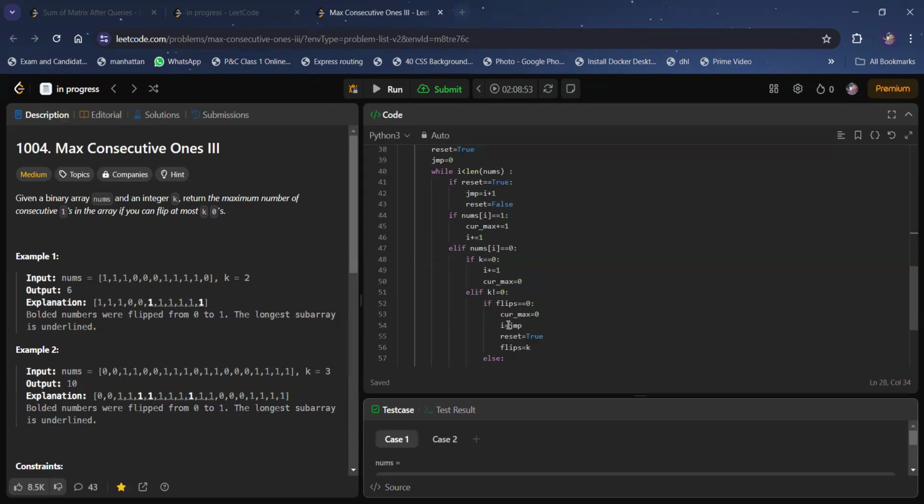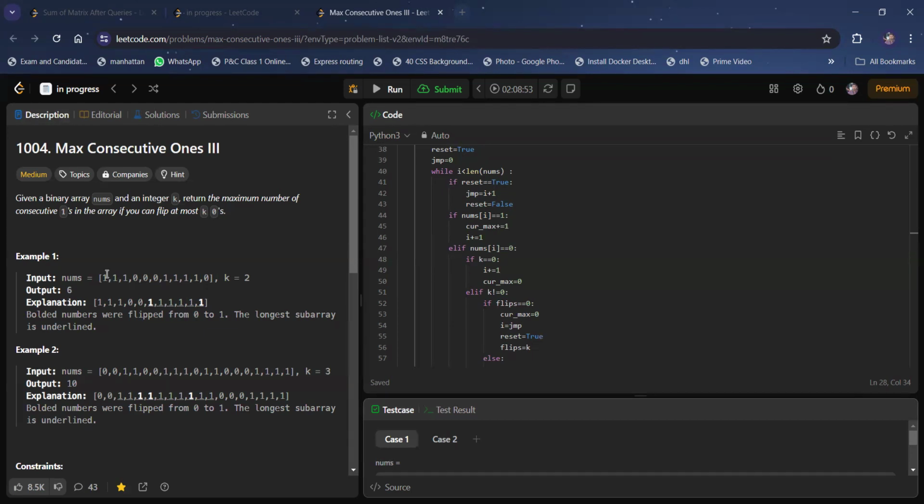I will jump my I to the jump value. What is jump initially? When reset was true, I set jump equal to I plus 1, for the iteration when I'm starting from 0, so I'm setting jump to be 1.